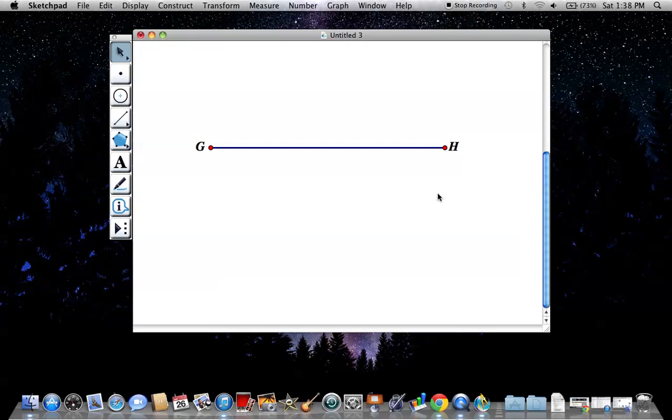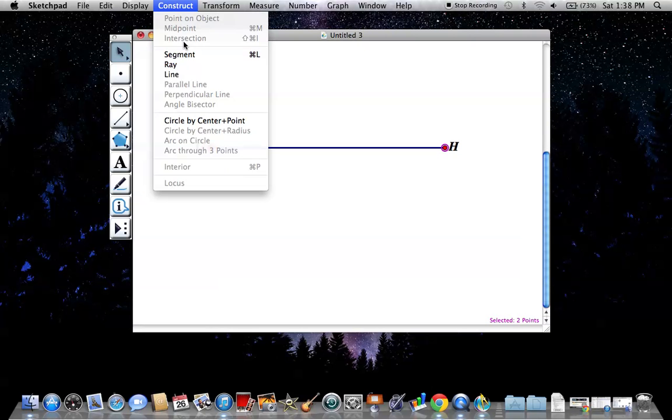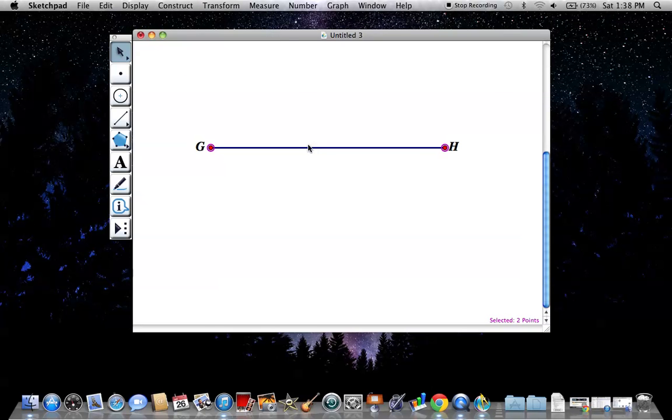Now, a midpoint is basically, the definition is exactly what the word means. It's the middle point. It's the midpoint. So it's going to split G and H into 2 congruent segments. Construct, there we go, midpoint.